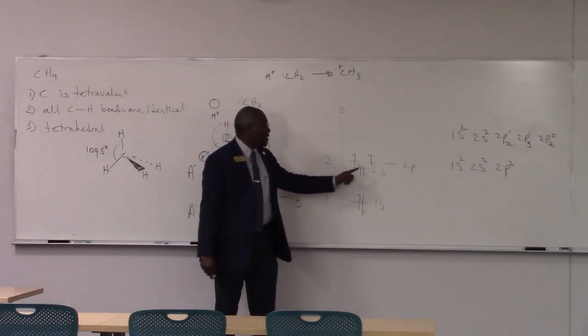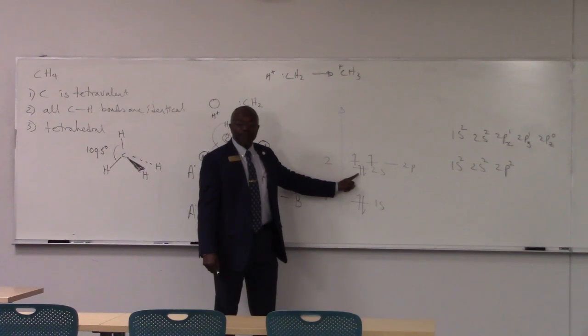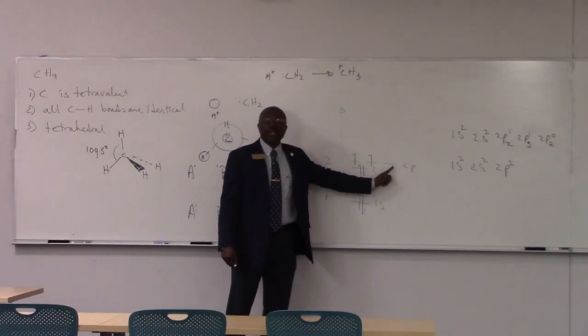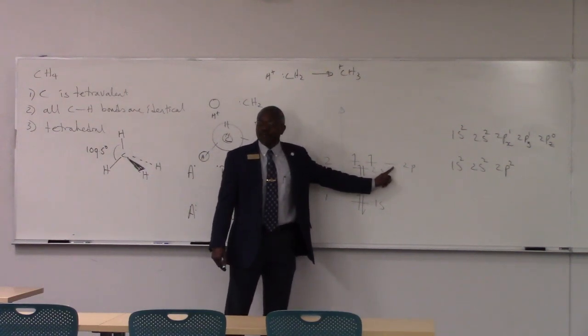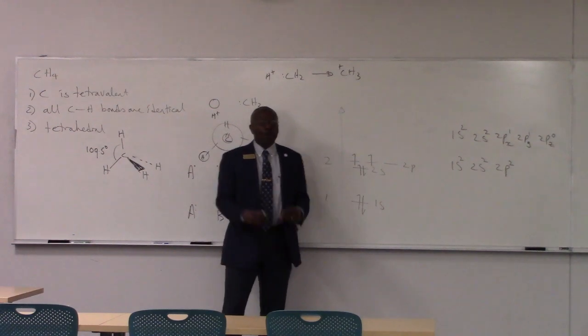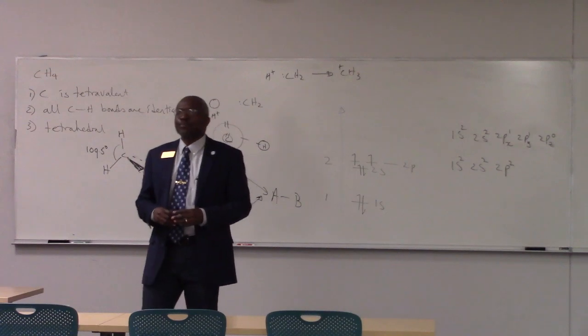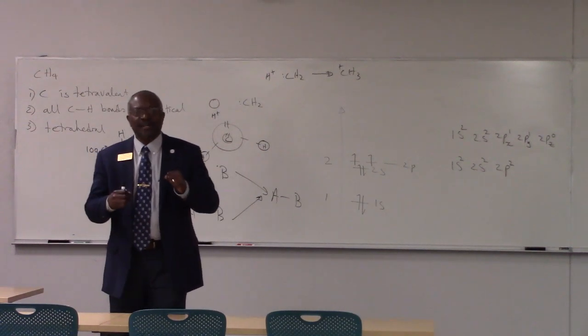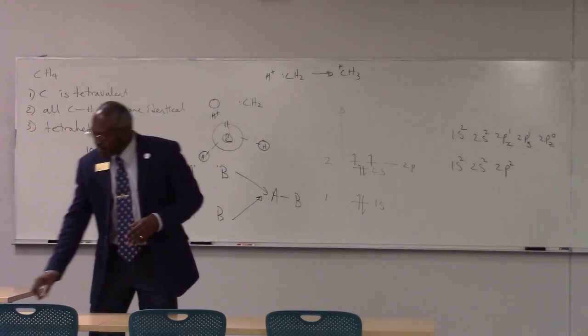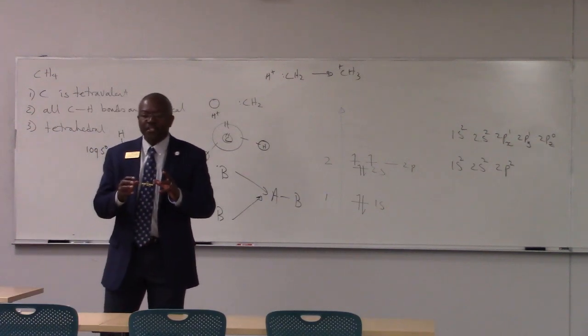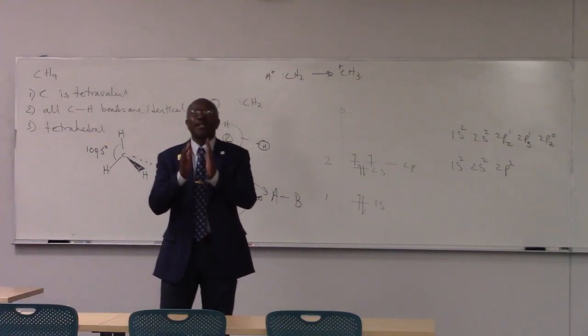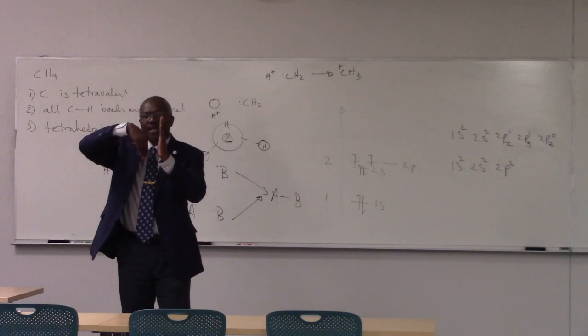Why don't I take one of them and put it in the vacant 2pz? Okay? Now what will that require? It requires the input of two quanta of energy. The first quantum of energy is required to unpair the electrons, right?